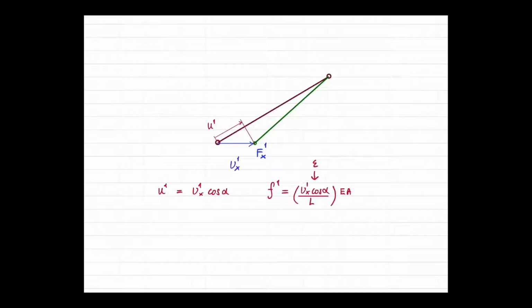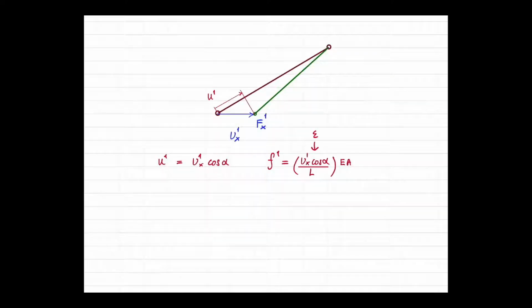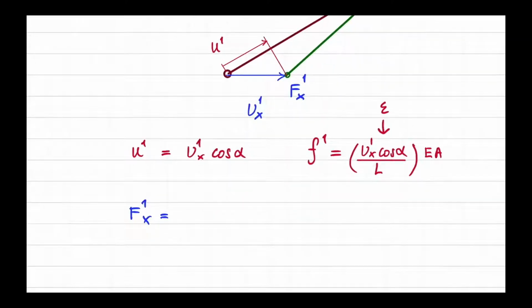So the F1x will be computed. F1x is equal to F1 multiplied by what?